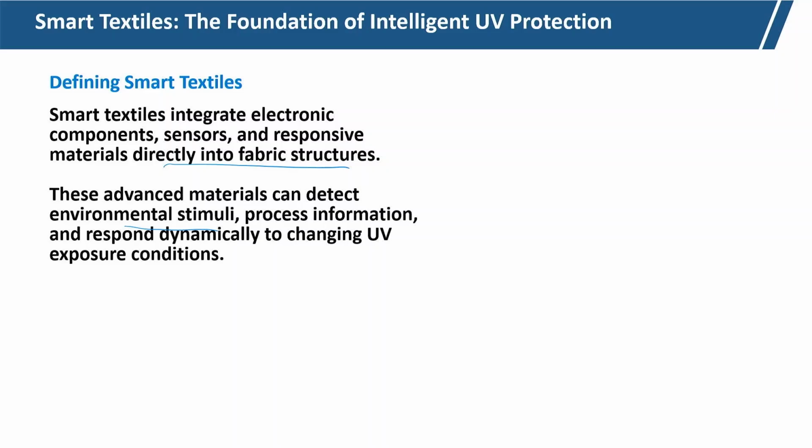All this information it will gather, and the information will be processed and respond dynamically to changes in UV exposure condition. So, in the textile itself, all these environmental conditions will be recorded.